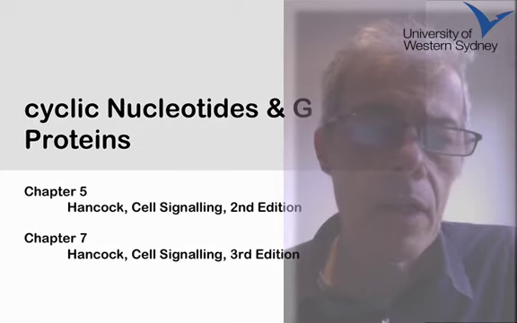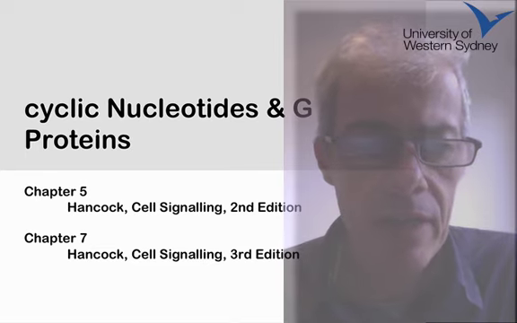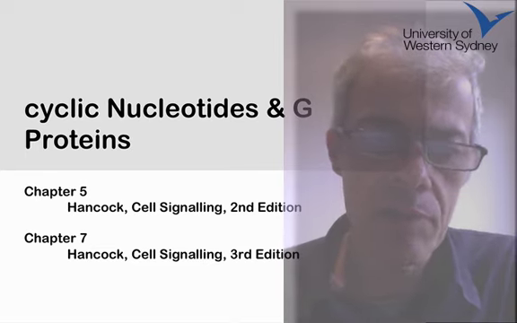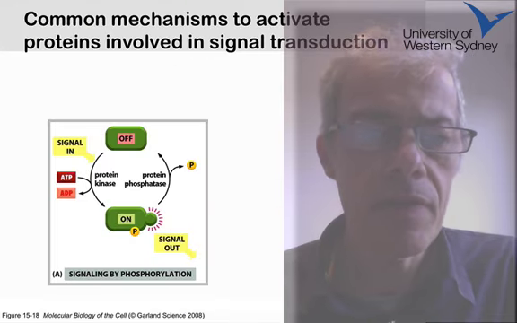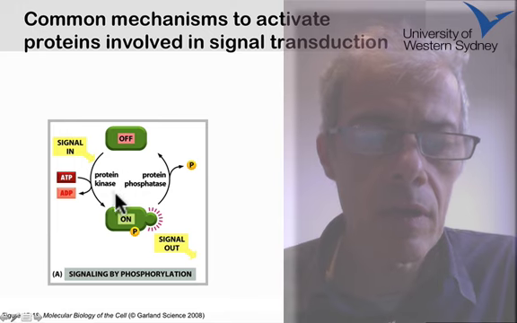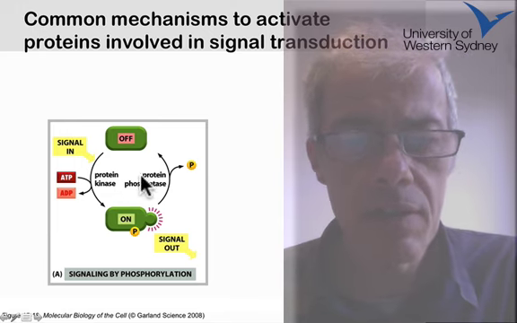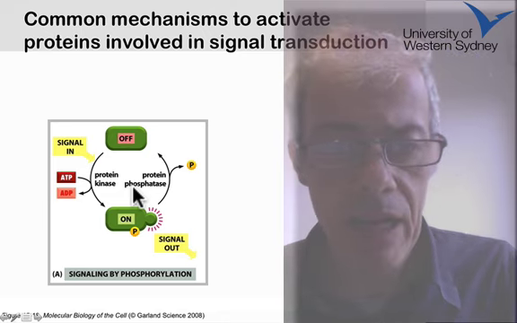Okay, in this video we're going to be looking at the G proteins, both the monomeric and the heterotrimeric G proteins. In the previous video we looked at the idea of protein modification by phosphorylation as a way of controlling protein activity.